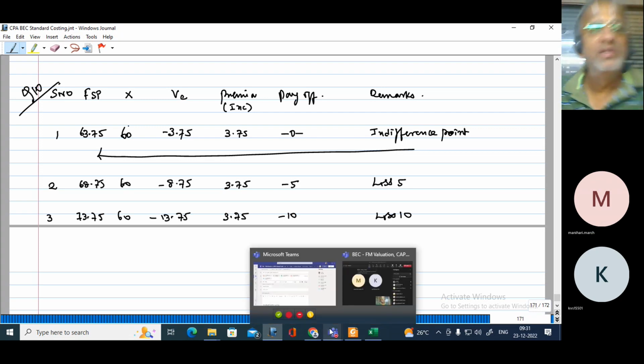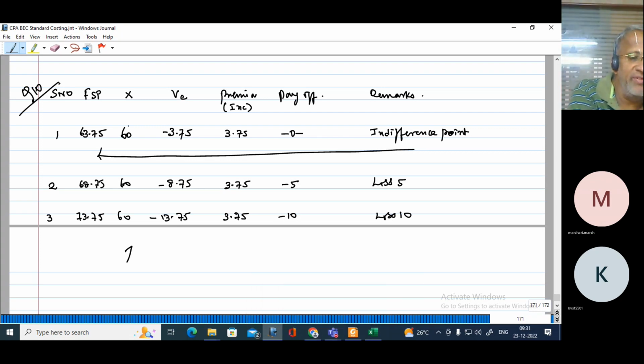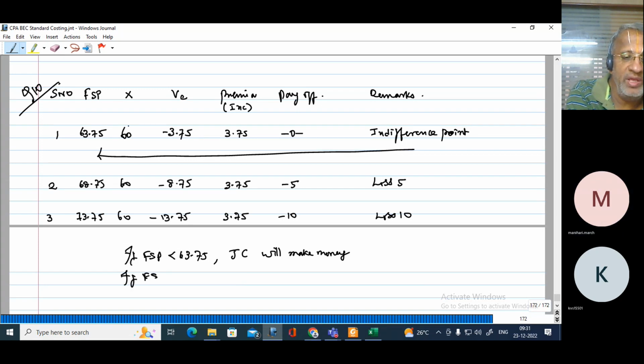Fantastic. So the answer to that question is that if FSP is less than 63.75, Jennifer Capriati will make profits. If FSP is 68.75 and 73.75, she will lose 5 and 10 respectively.